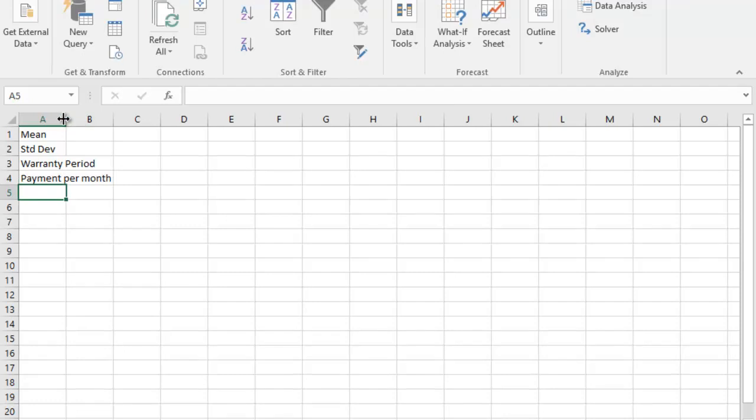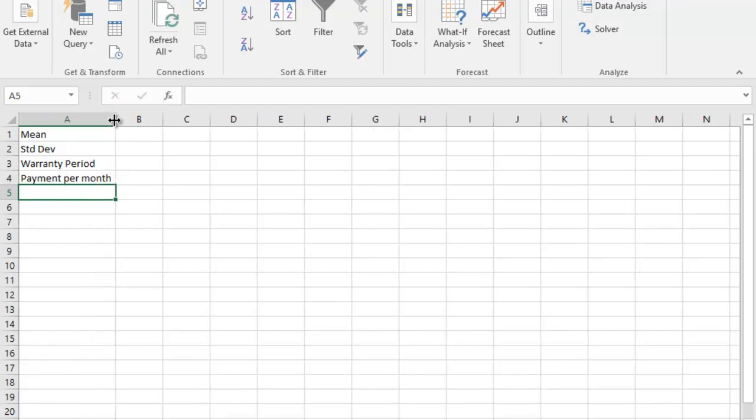This is not that you pay this amount every month, but how much the company pays for every month early that the battery fails. I was told that these numbers are 48 for the mean, 6 for the standard deviation, 42 for the warranty period, and 2 for the payment amount per month.